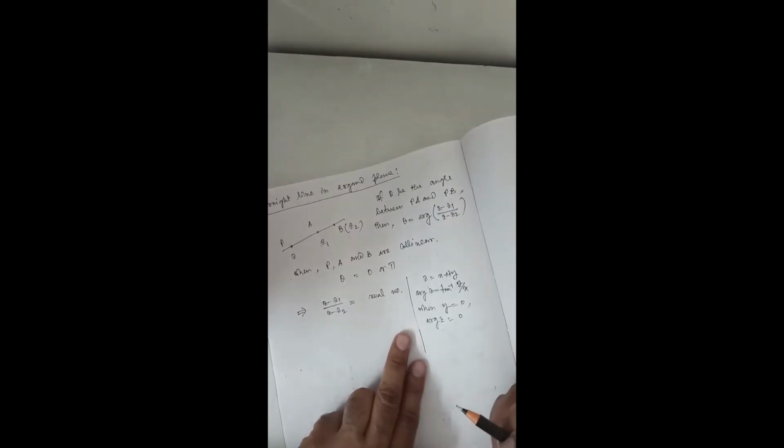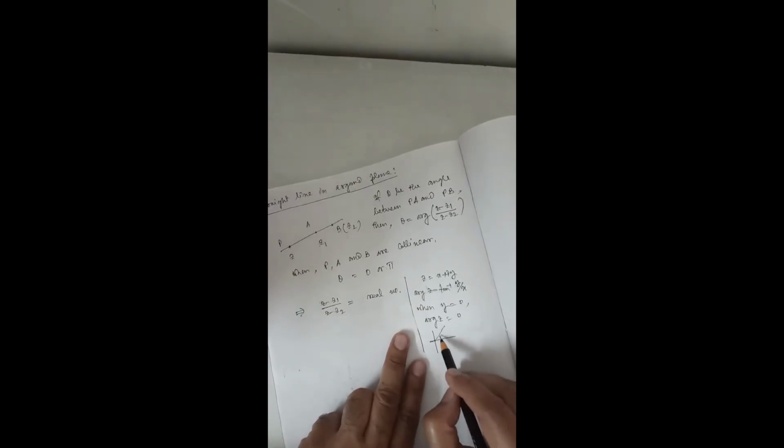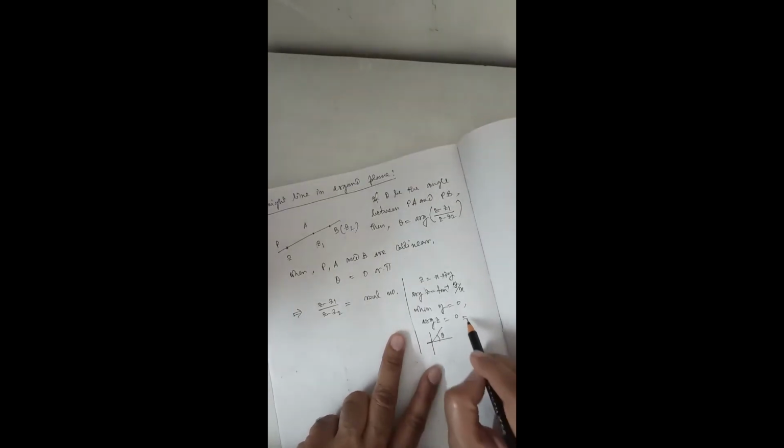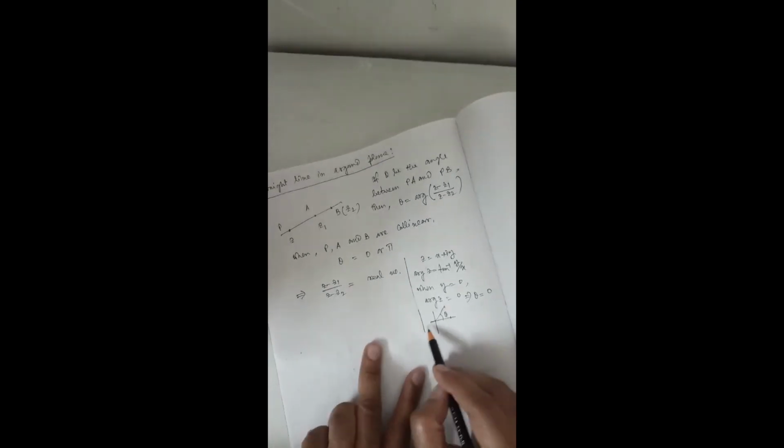Argument of z equals 0 is possible when theta is 0, that means this complex number will lie on the positive direction of the real axis, or it may be on the negative direction of the x-axis.